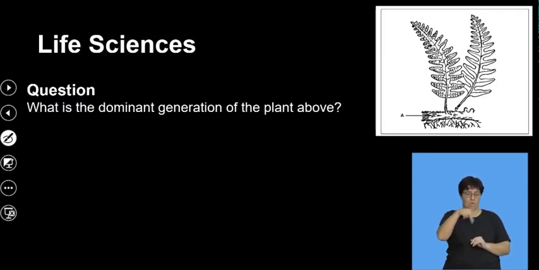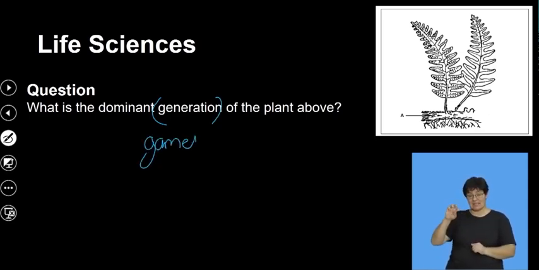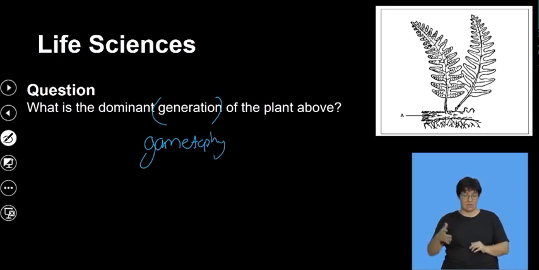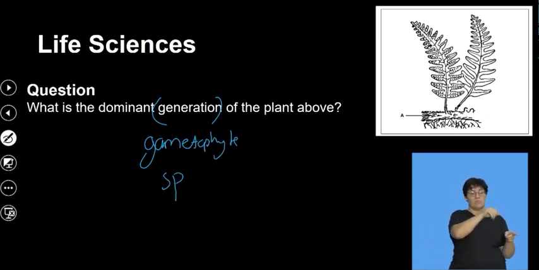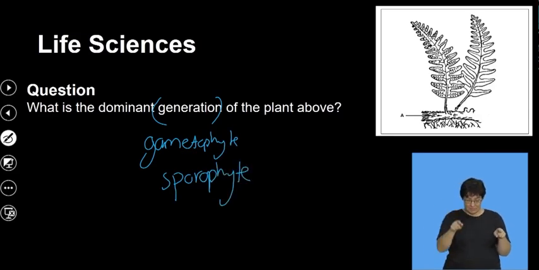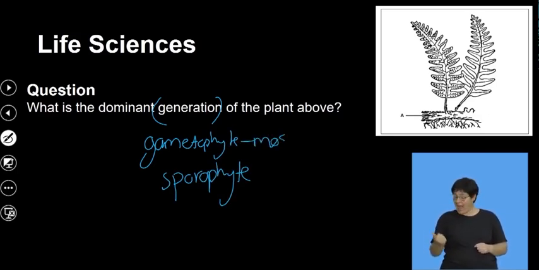Okay, the next question. What is the dominant generation? Now remember you had 2 generations: the gametophyte and the sporophyte. Those were your 2 generations. Now what do we know? The only plant group that had gametophyte as its main generation was the moss. And this is not the moss.